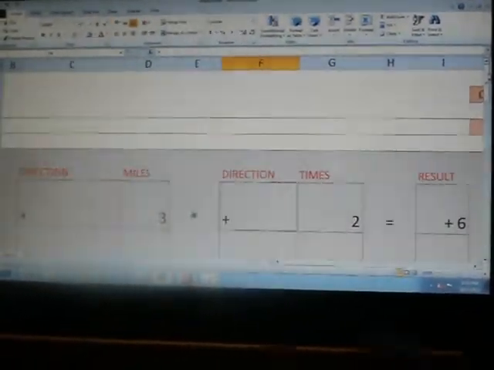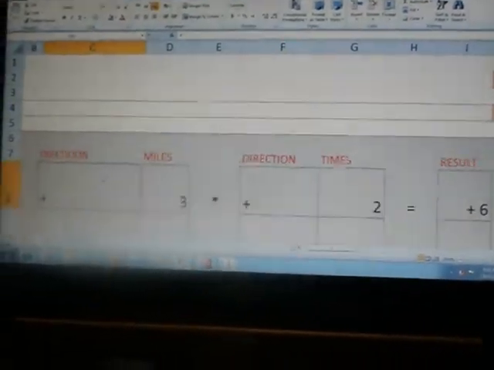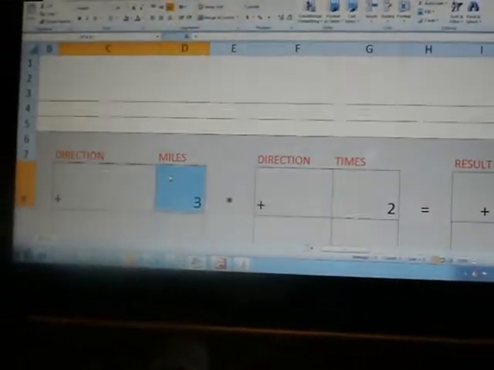So if you do minus here, then you are saying you are doing the travel of that many miles in the opposite direction. This will be clear when we move to the other formulas, but again I'm telling you, 3 miles you are traveling towards school and you are doing the same for 2 times in the same direction.